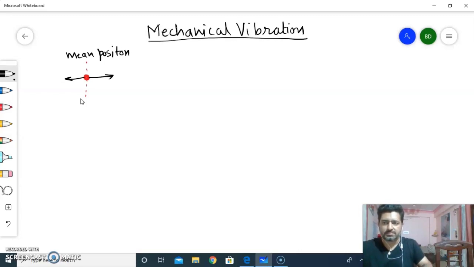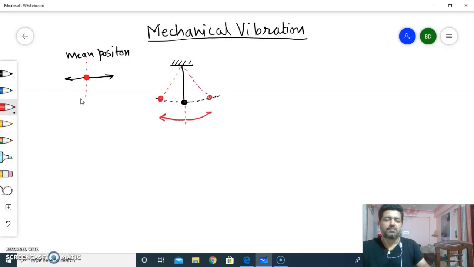For example, we have a simple pendulum. This is the simple pendulum and it will move like this. Again there will be a to and fro motion from the equilibrium position.